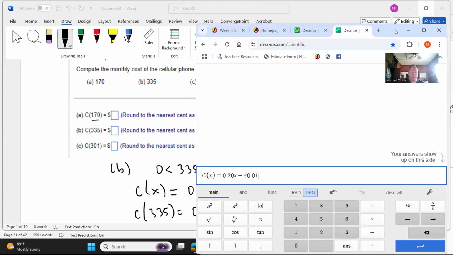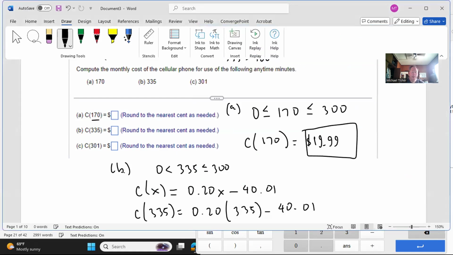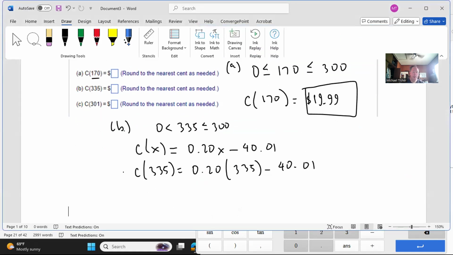Yes. All right, and then at the bottom we can do another line and enter in c of 335. Okay, and we get 26.99. So c of 335 is equal to, and what was it again?